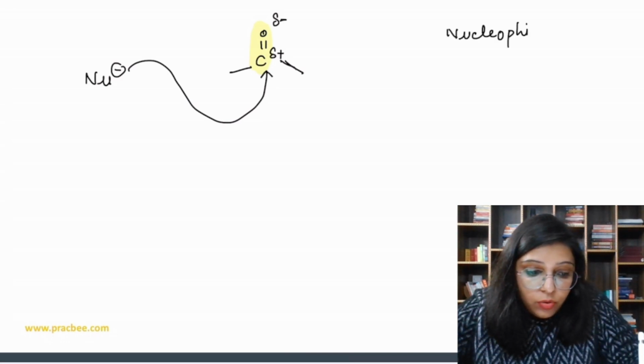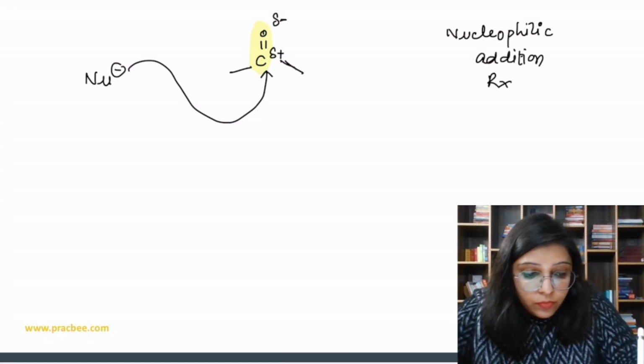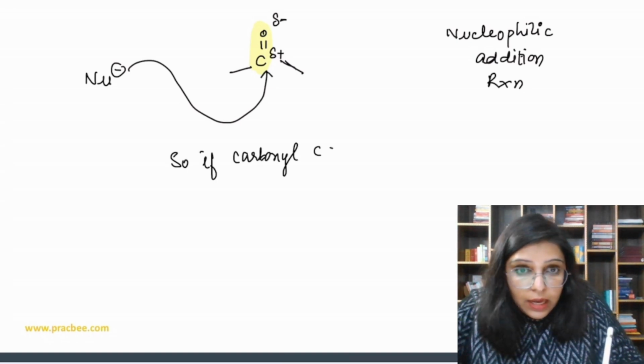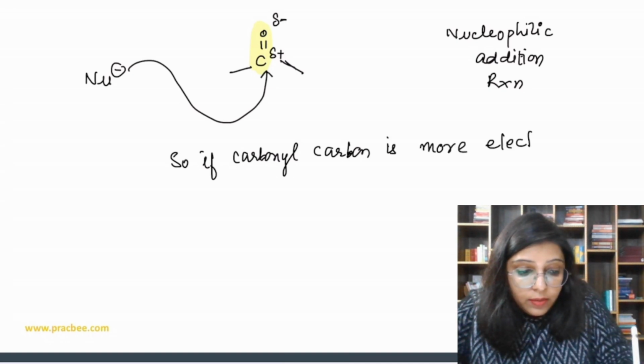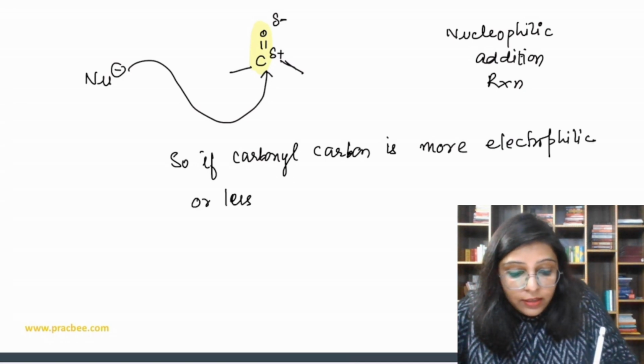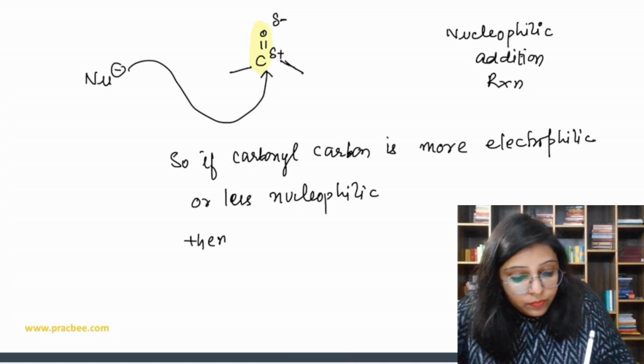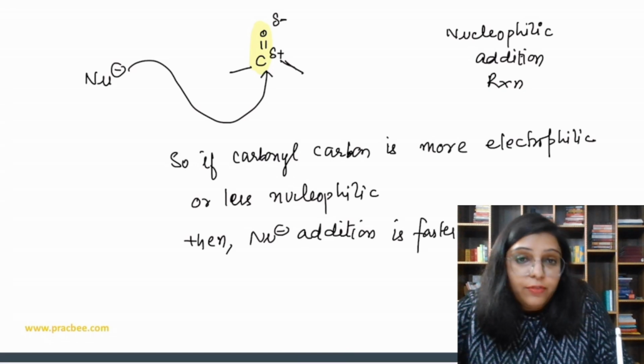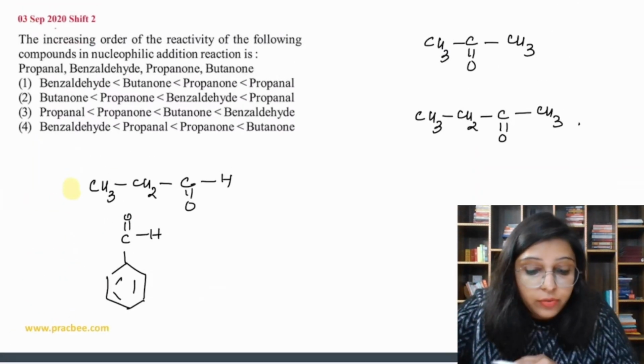If the carbonyl carbon is more electrophilic or less nucleophilic, then nucleophilic addition is faster. So we have to apply this concept to find the correct answer.